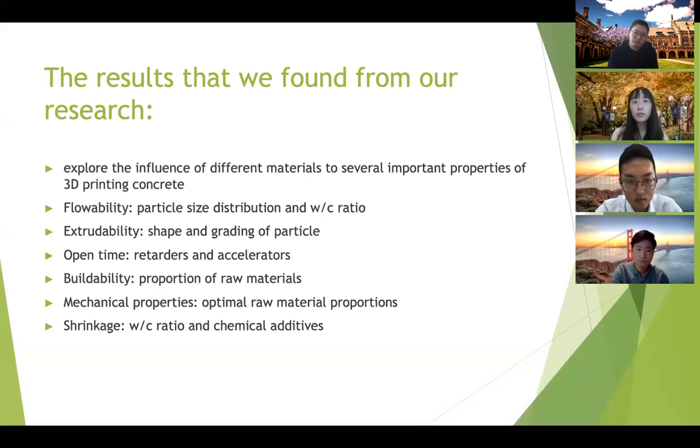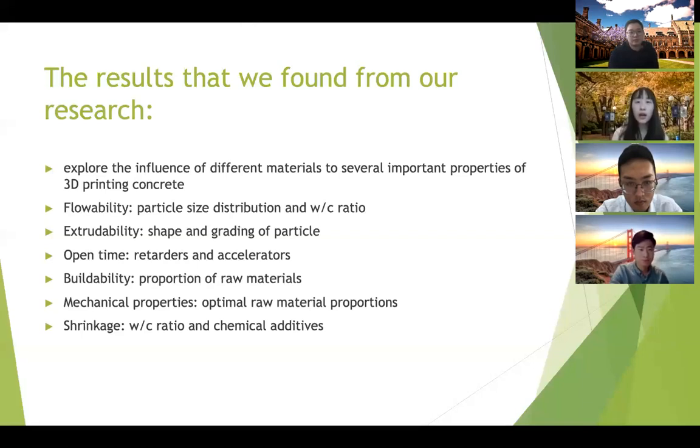The open time is mainly influenced by the retarders and accelerators. Buildability is related to the flowability and the open time. By adjusting the proportion of sand, fly ash, silica fume, and nanoclay in raw materials, the buildability can be effectively controlled. Other chemical additives are also key to balancing the buildability and other properties.